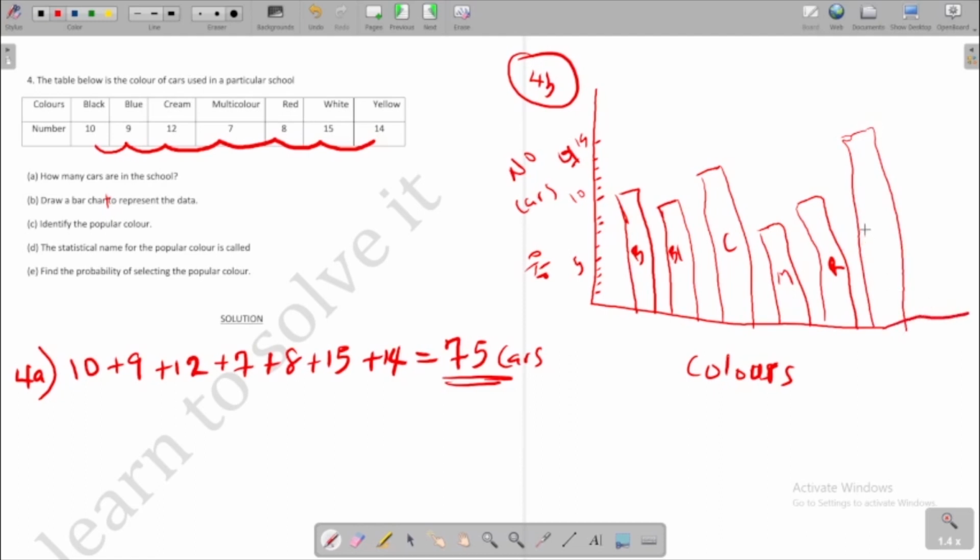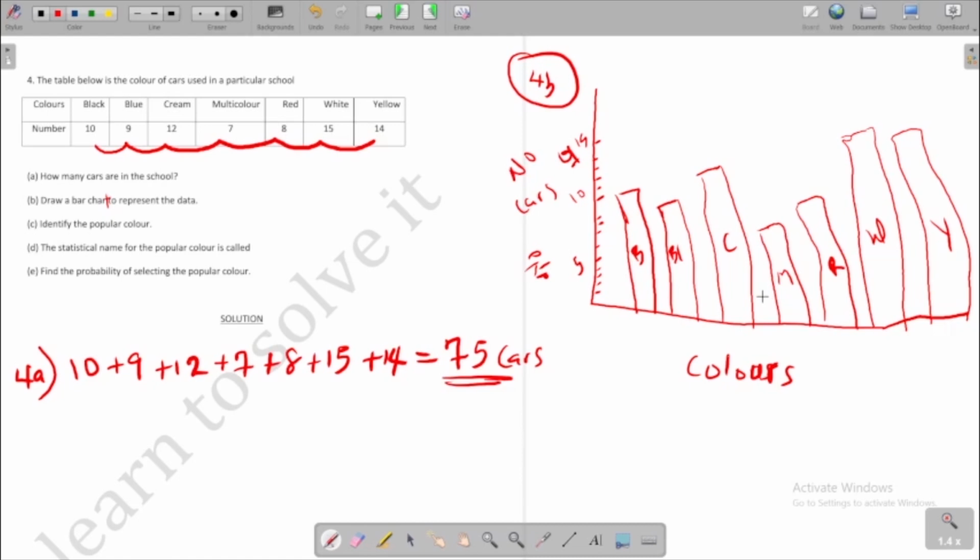The white, W. The yellow is 14. You have the yellow. So that is the representation of the data with a bar chart.